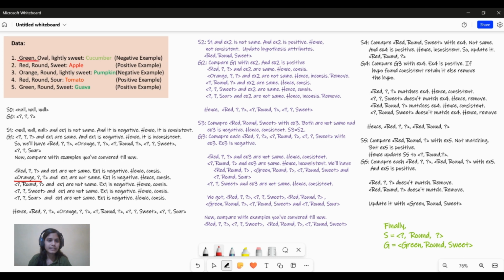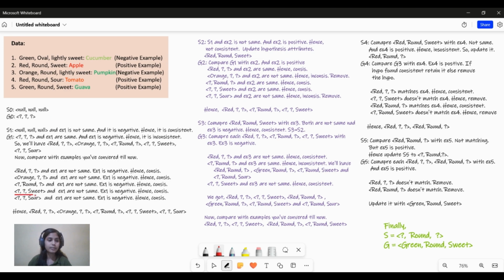Now the second, orange, question mark and question mark. So are the example and this hypothesis same? Not same. And the example also is negative, so the hypothesis is consistent. Now let's compare the third hypothesis, which is question mark, round and question mark. So here the shape, this oval, is not matching, so we will keep this hypothesis as it is.